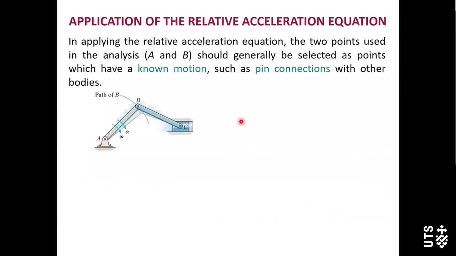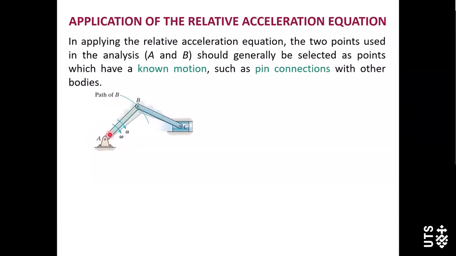Okay, now let's have a look at how to do analysis of acceleration on a problem like this, and this is the link problem. Here we can see a rod AB.